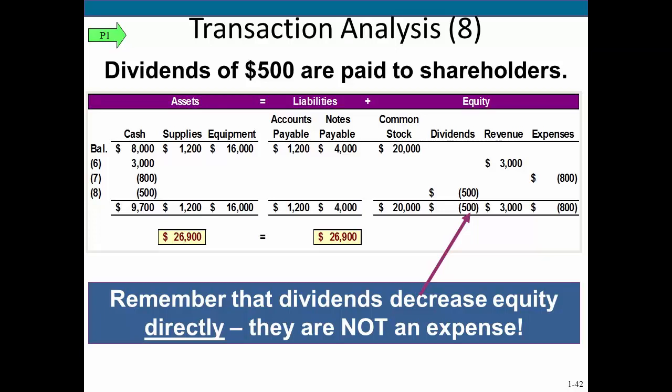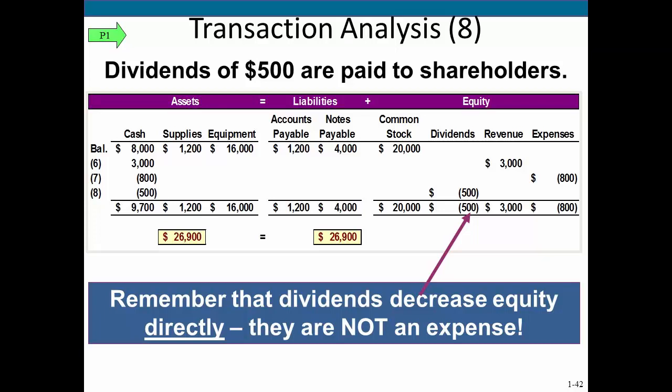In our example, the firm paid dividends of $500 to the shareholder. Note that dividends act just like expenses in the sense that they reduce equity. However, they reduce retained earnings directly. They are not an expense and will never be shown on the income statement.